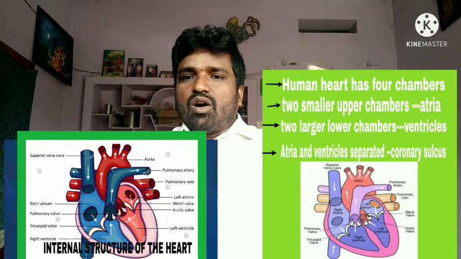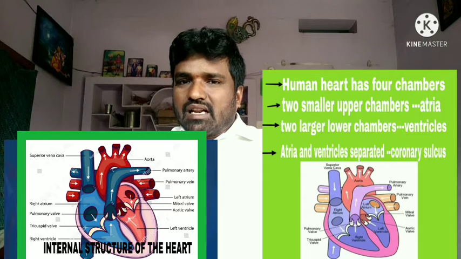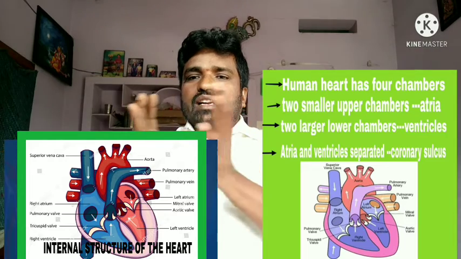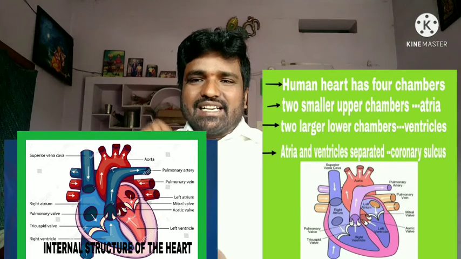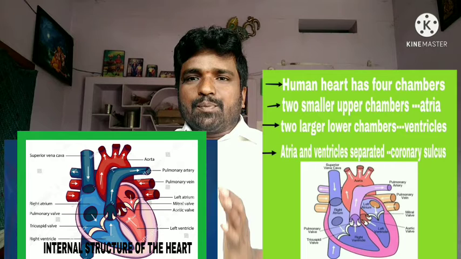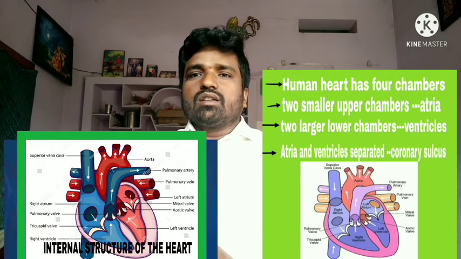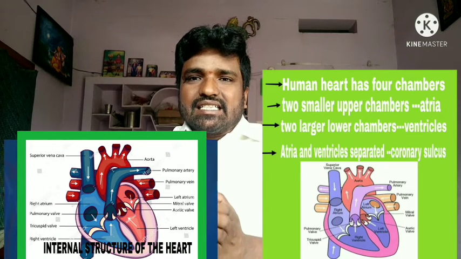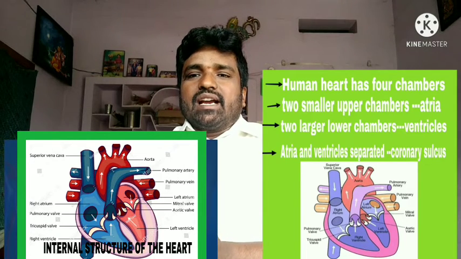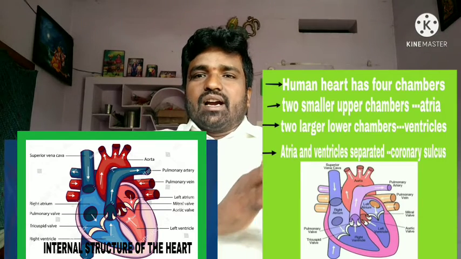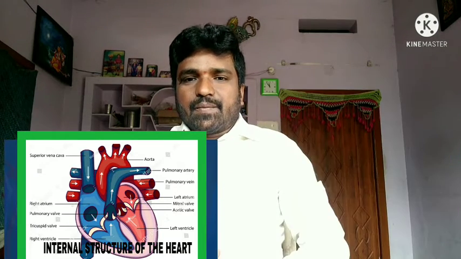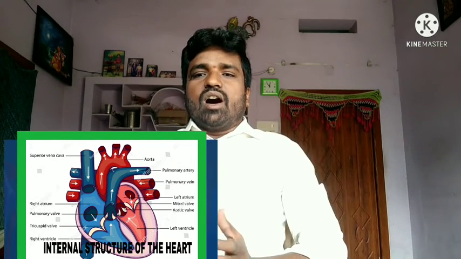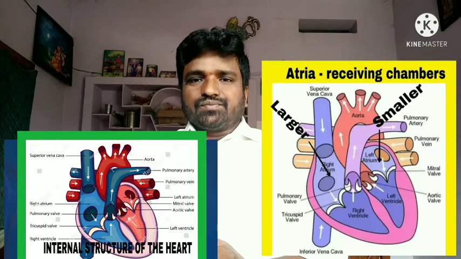The atria and ventricles are separated by a deep transverse groove called the coronary sulcus. And we discuss the two smaller upper chambers called atria.